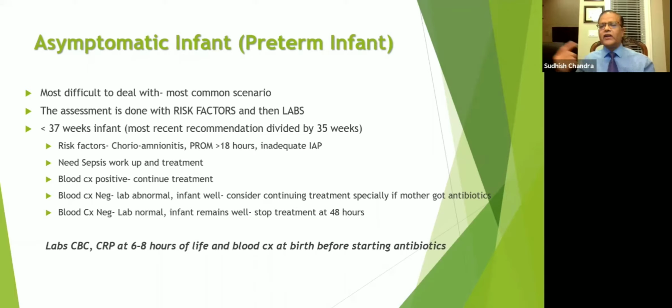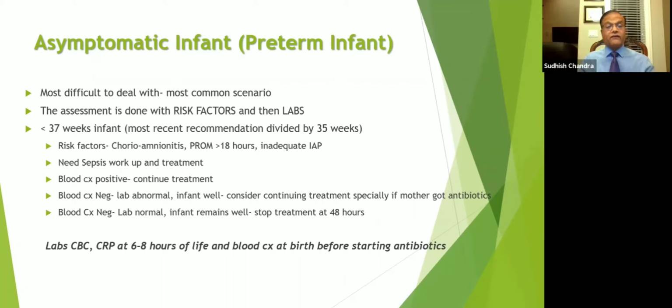And in the next slide, you will see if they are not preterm, they need treatment if they have chorio. But if they only have premature rupture or inadequate prophylaxis, it is okay to do the partial sepsis workup, and based on those values, you decide if they need treatment or not.